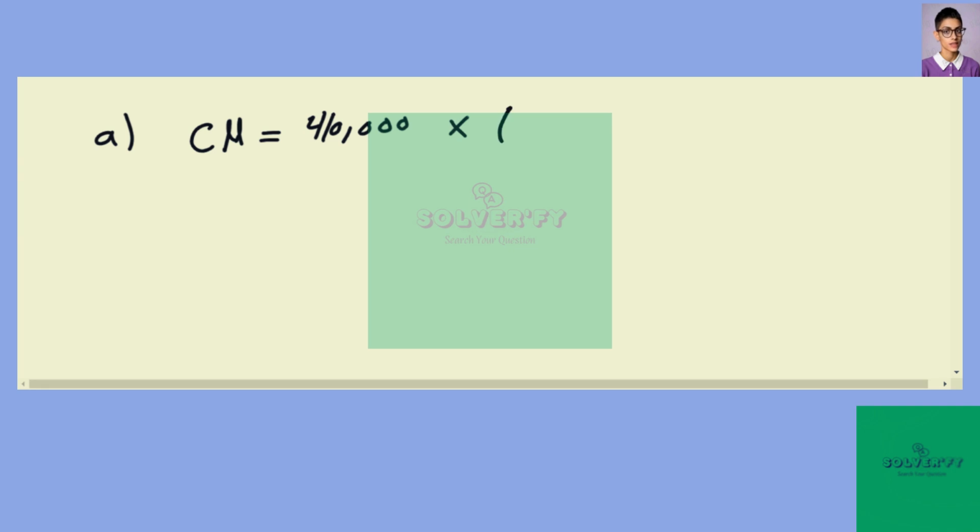So this is $68 minus $60. So the contribution margin is equal to 3,280,000. This is the value of the contribution margin.